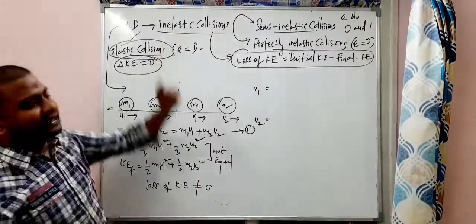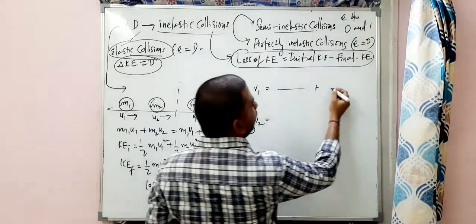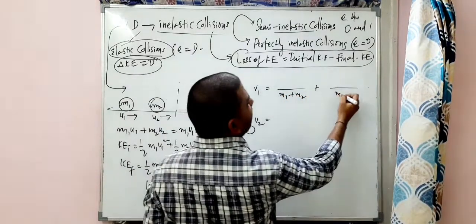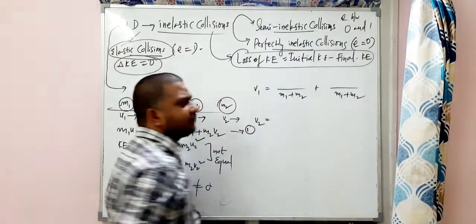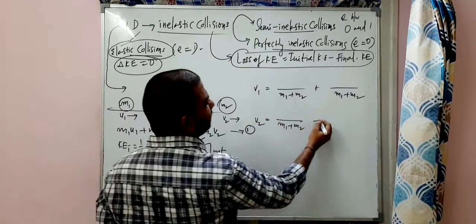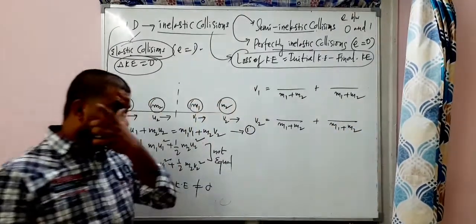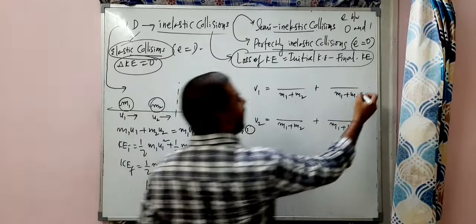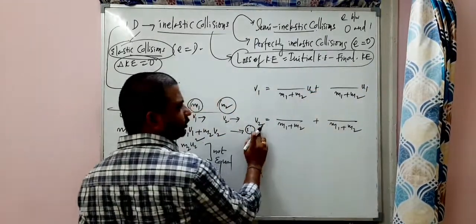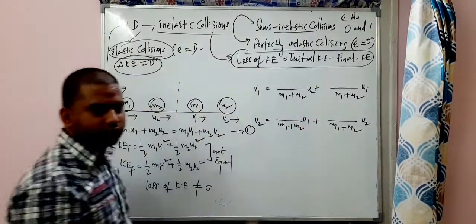Here we have two terms, and any term you take, the denominator is m1 plus m2. Here also two terms, with m1 plus m2. This is v1, and this will be u1 and u2, and here it is v2, with u2 and u1. Observe, everybody.